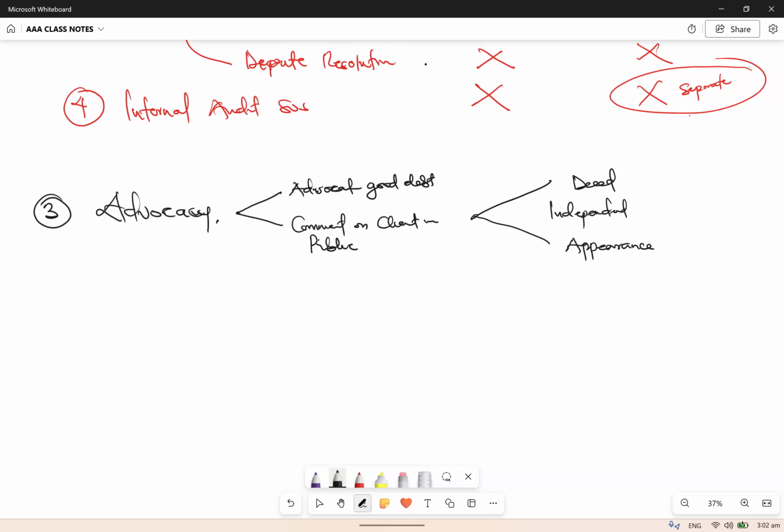In terms of appearance, you are not supposed to let us believe that there is some form of third party having knowledge of all relevant information.